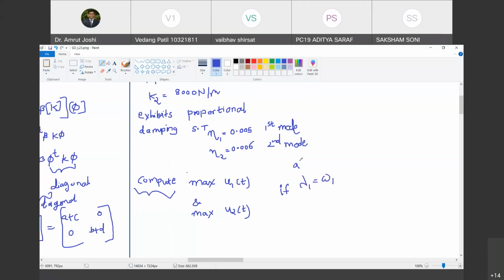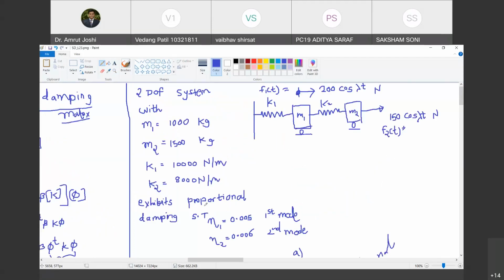This is case A, and case B, lambda is equal to omega 2, where omega 1 and omega 2 are natural frequencies. Are you with me? Yes. First mode and second mode natural frequencies. Are you with me?